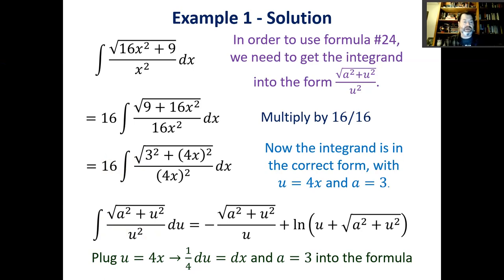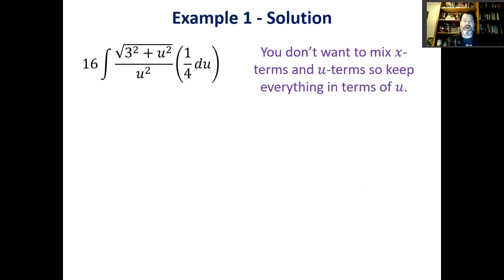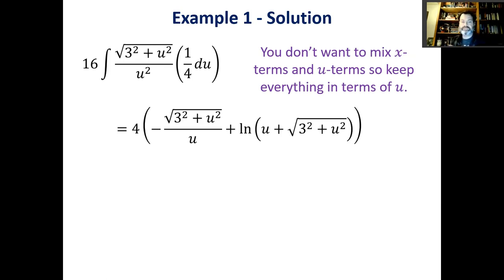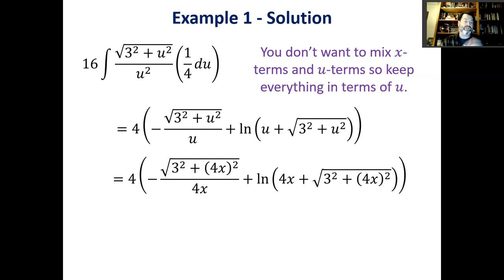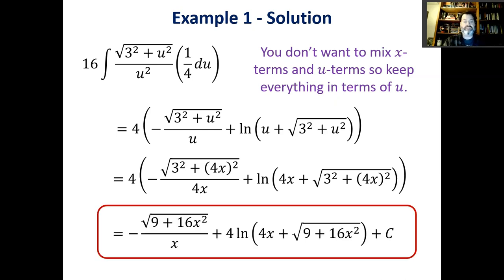It might be a quarter du. And there might be a constant out front, right? So I plugged in a. a never changes. But I didn't want to mix x's and u's. That 1/4 and that 16 cancel down to a 4. And then I plug in the rest of the formula. Then I replace u's with x's, with its equivalent, 4x. And then I just take one more step to simplify, and I'm done.